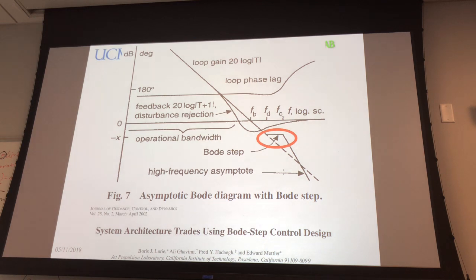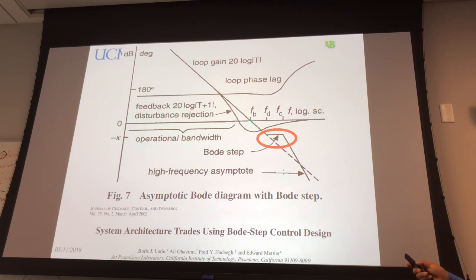It's called Bode step. Don't get very confused about this figure. Follow my pointer. Basically, they say that for Bode, for the loop, ideal loop shaping, you should have a crossover rate here.